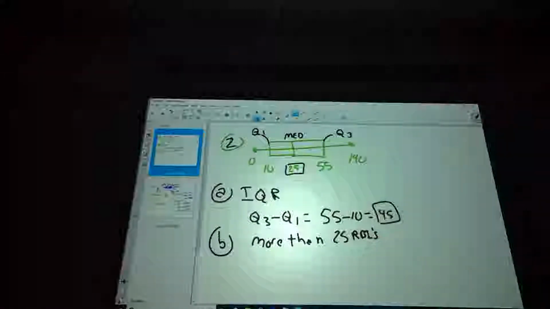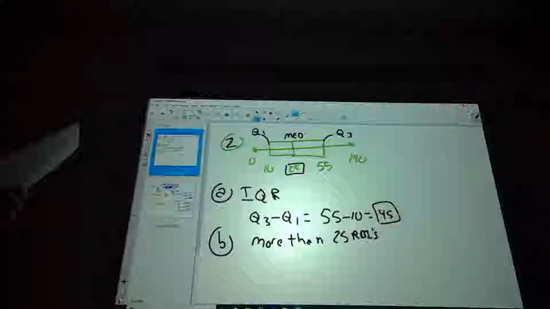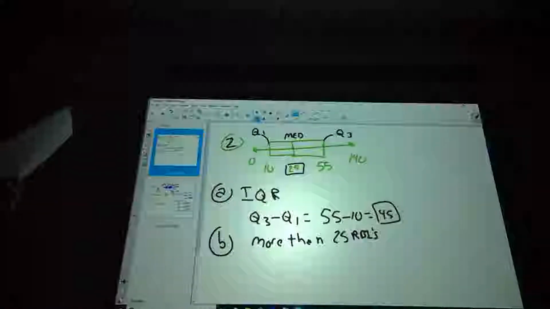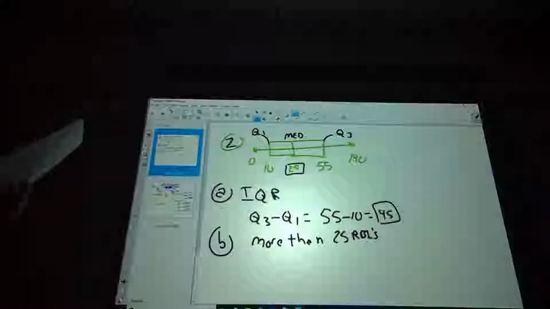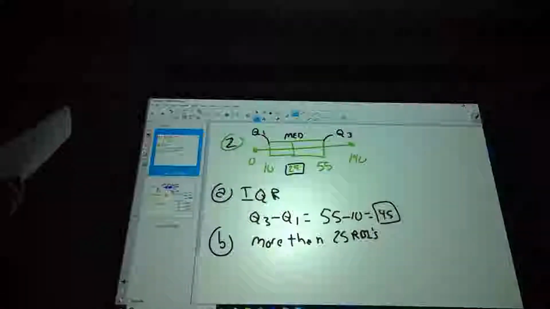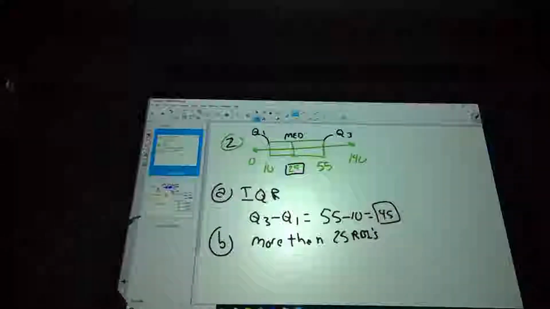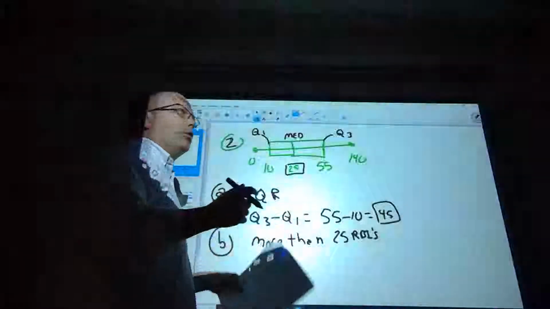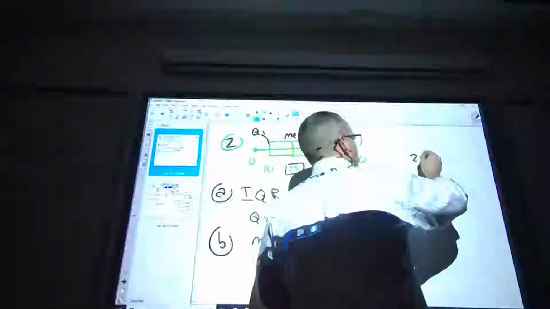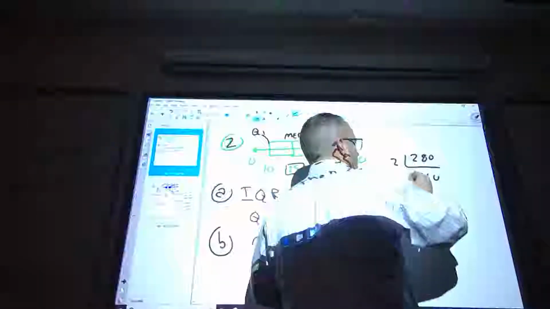The top 280 batters in terms of the number of plate appearances. So how many hit more than 25? So if there's 280 people in my data, what's the middle of my data? Well, divided by 2, so it's 140.